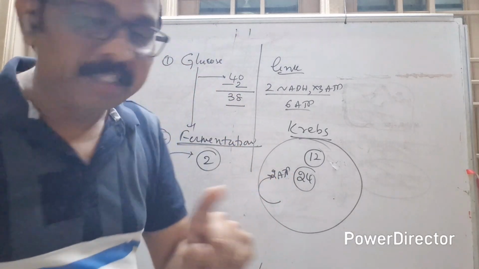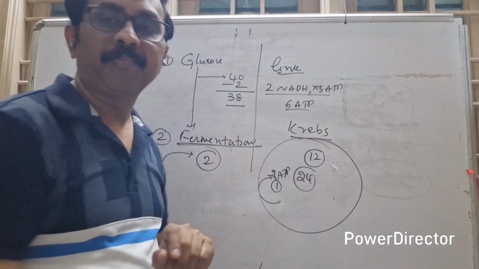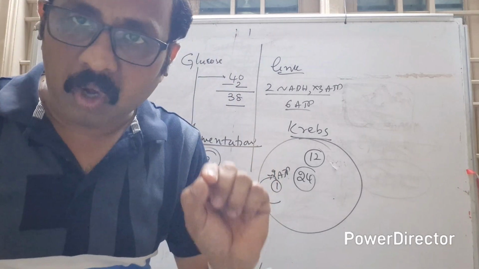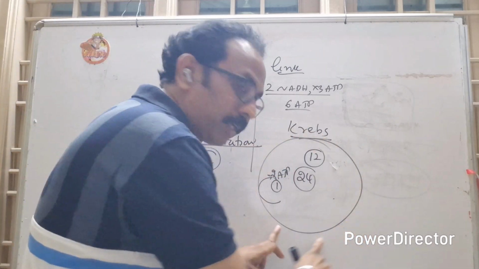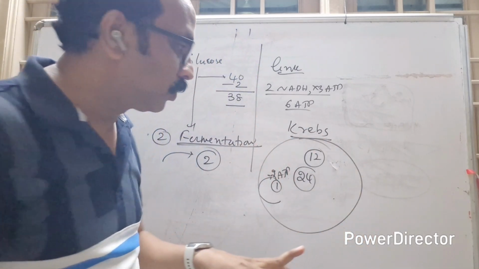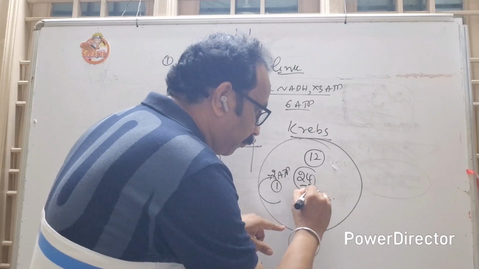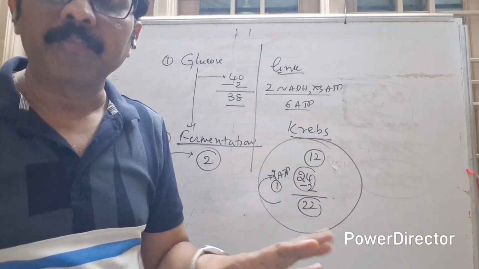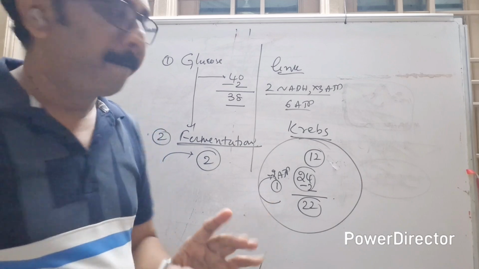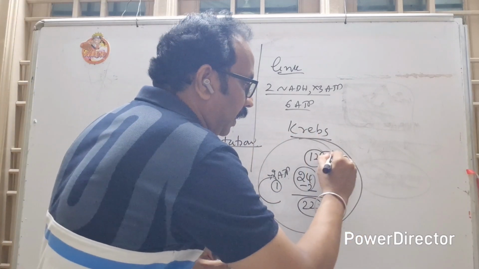For one Krebs cycle, 1 ATP. For ATPs formed through oxidations in the Krebs cycle for complete oxidation of glucose, subtract 2, so 22 is the answer. For one cycle, it is 11.